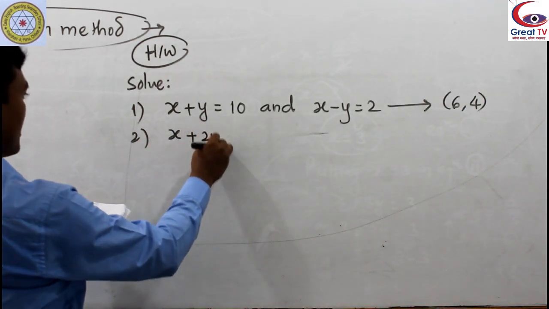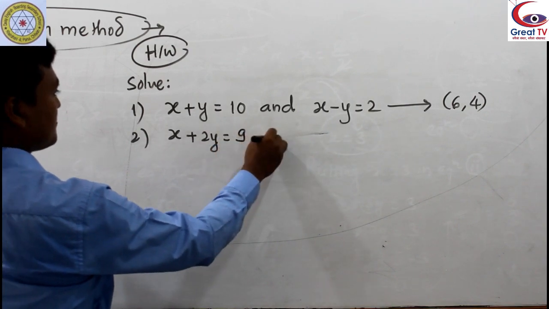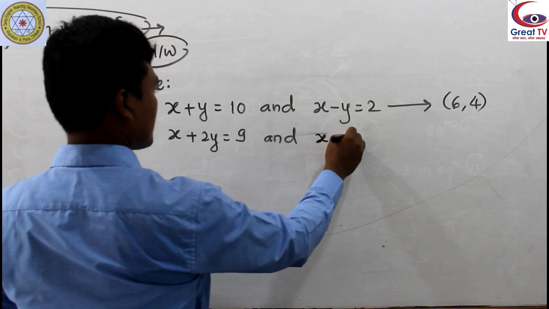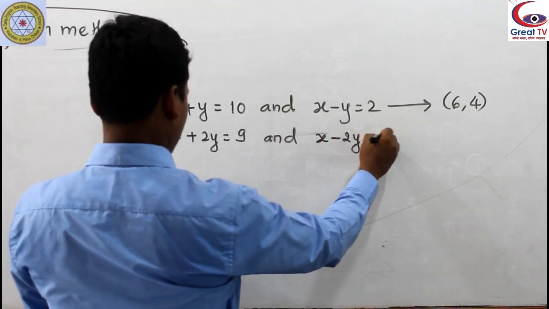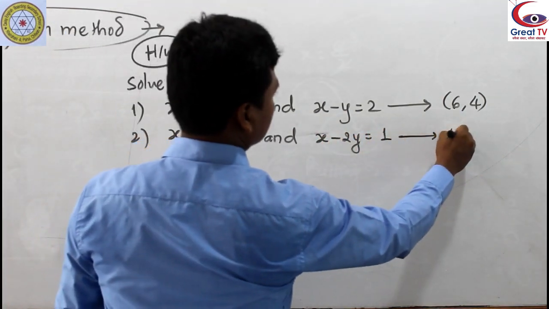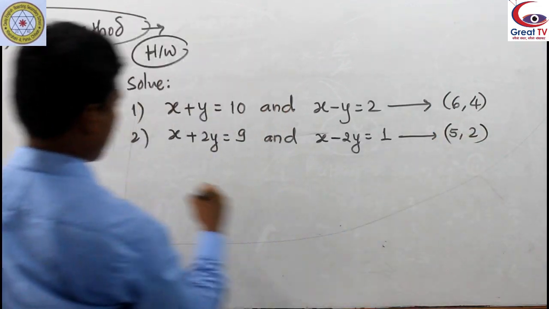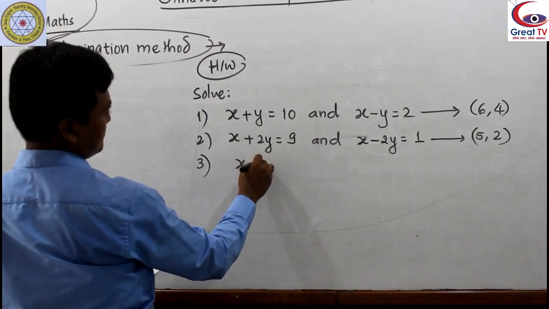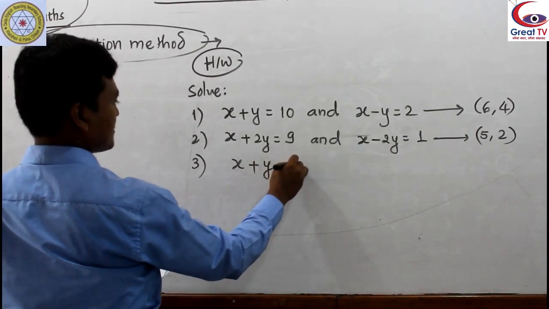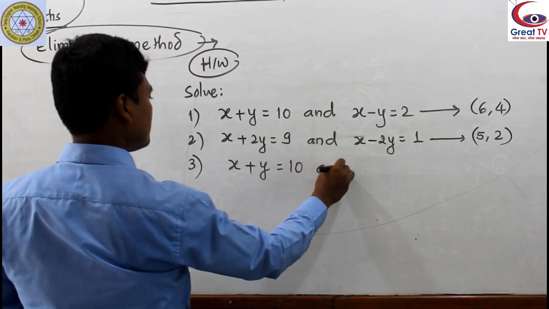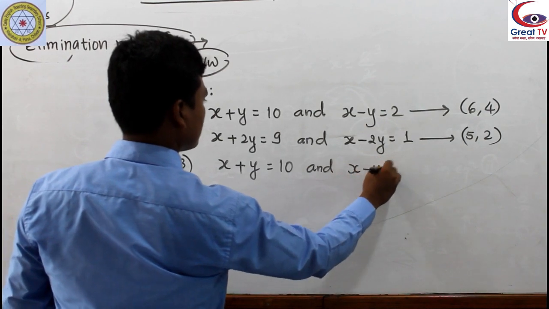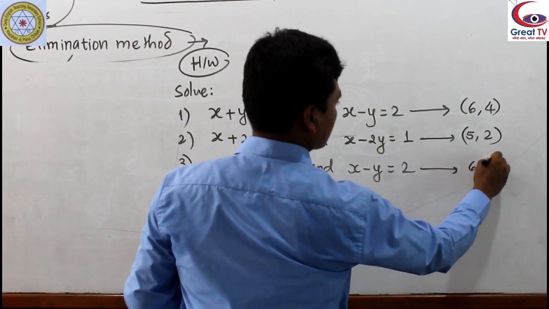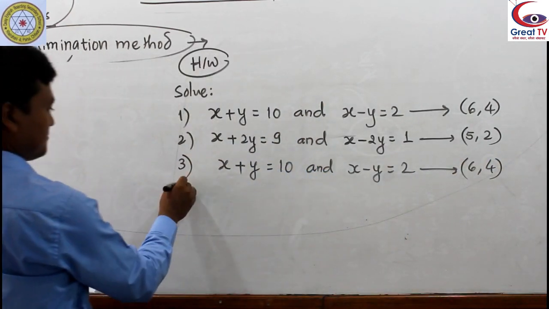The next, x plus 2y is equals to 9 and x minus 2y is equals to 1. Answers: 6 and 4.